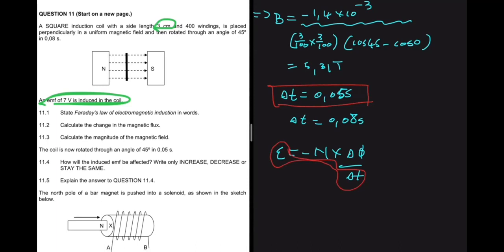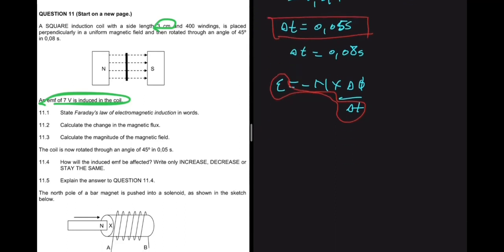If you reduce the time, you increase the EMF. Clearly, here we're going from 0.08 to 0.05, so we're reducing the time. If we reduce the time, the induced EMF should increase. No questions asked.